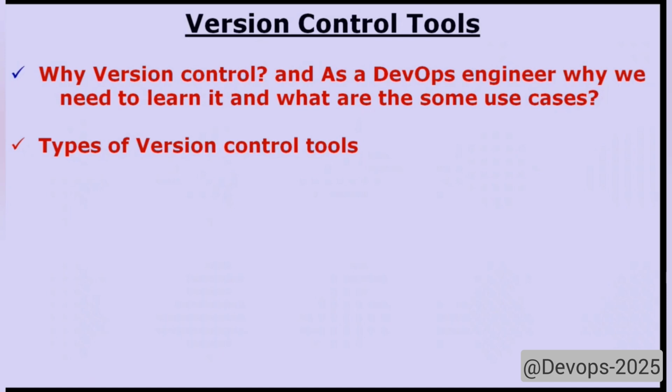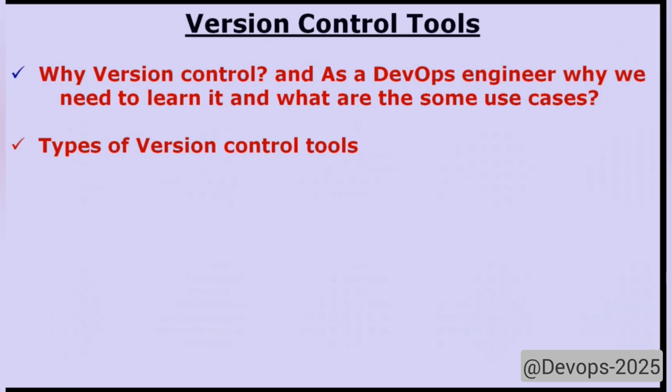All these concepts you should be aware of before helping the developer. So these are the two use cases: one is helping the developers, and the second is committing your development files. This is why we need to learn the version control system.